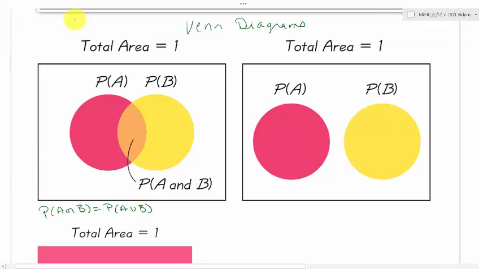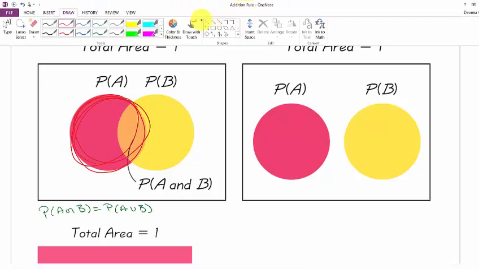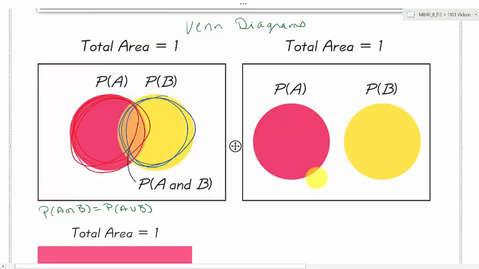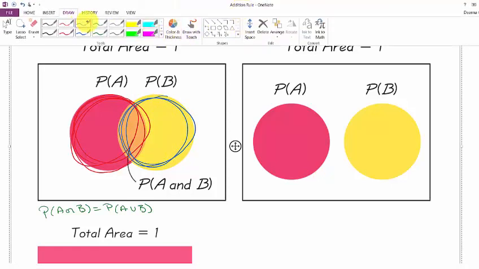And so one way to think about this, so here's the probability of event A, this circle here. And then the probability of event B would be represented by this yellow circle here. And so if we just add those two probabilities together, then what happens?